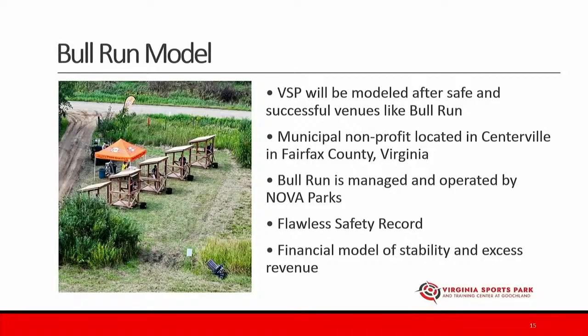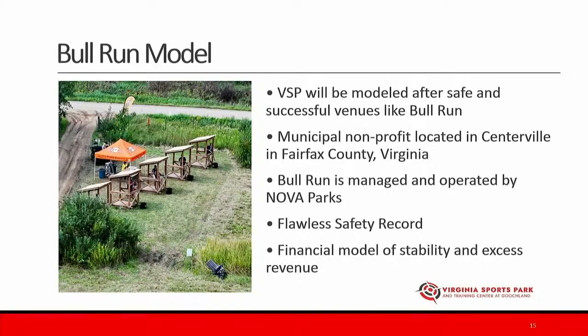If you're not aware, just a few hours north of here in Centerville, Virginia, in Fairfax County, there is a facility called Bull Run Shooting Center. Bull Run sits on a much smaller tract of land than this. It is surrounded by homes, more densely populated than this location.